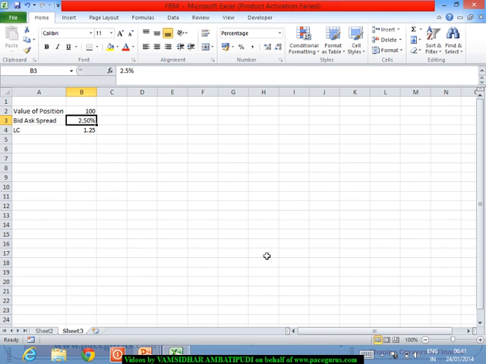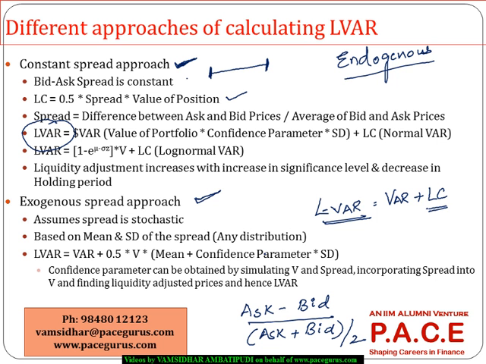Let's say the ask is around 65 and bid is around 60. The ask minus bid by ask plus bid by 2, so somewhere around 8%. The bid ask spread is what we actually call as 8%. So that's the way we compute the spread.